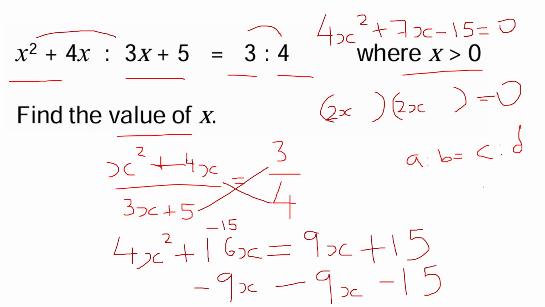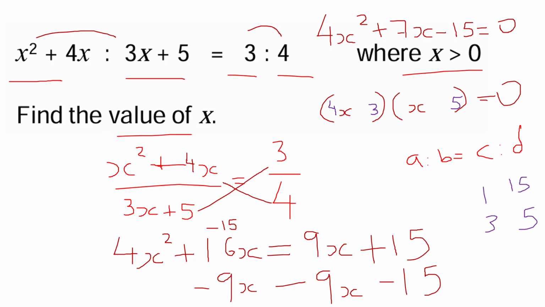Factors of 15 are 1 and 15, 3 and 5. If I put a 5 here, that's going to give me a 10. That's going to give me a 6. There's no way I can make 7 from that. So I'm going to change that into a 4x and an x, and see what happens now.